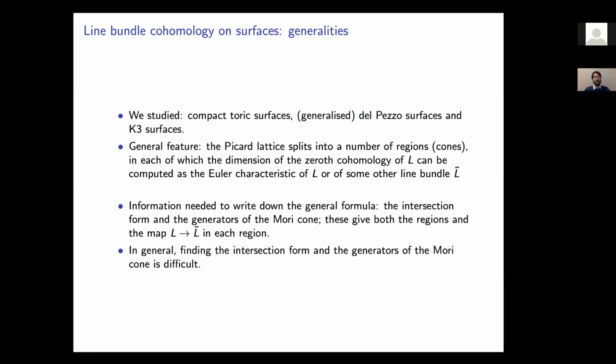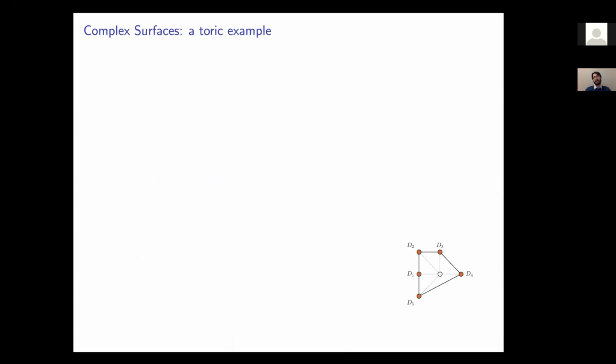But on surfaces such as toric surfaces, you can compute this information algorithmically. Okay, and so the intersection form and the Mori cone give you both the regions and also the map between L and L twiddle, whose Euler characteristic gives the zeroth cohomology of L.